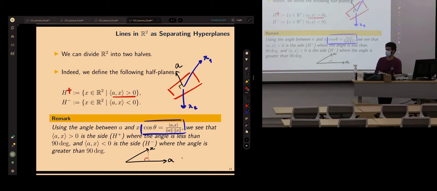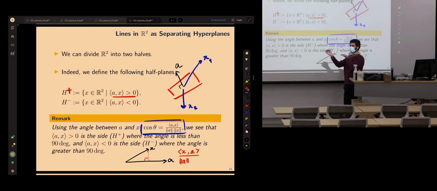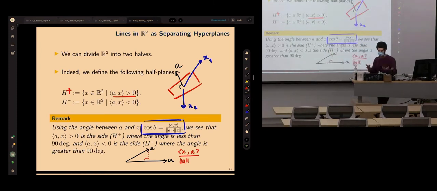You've seen it in Gram-Schmidt; that's what we were doing in orthogonalization. So x dot product with A, but we need to divide by the norm of A because we want the magnitude of x along A. We don't want to scale it just because A has whatever magnitude.